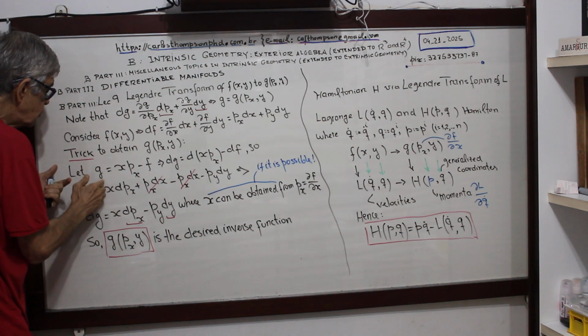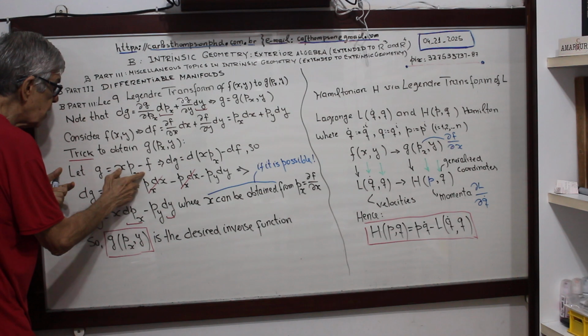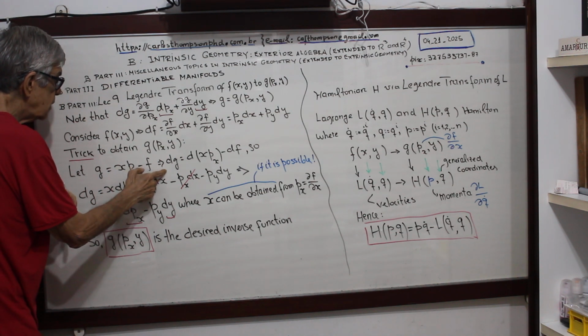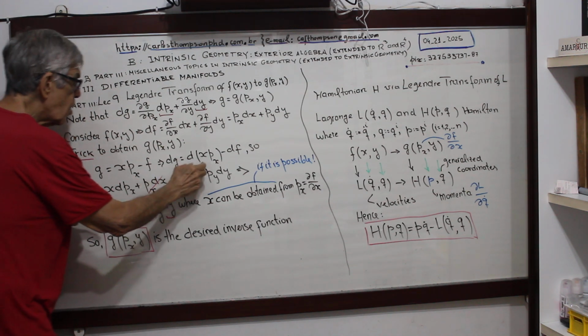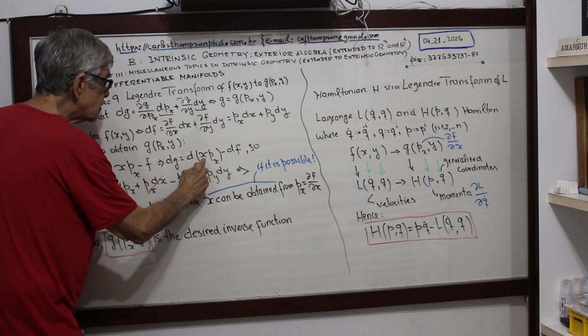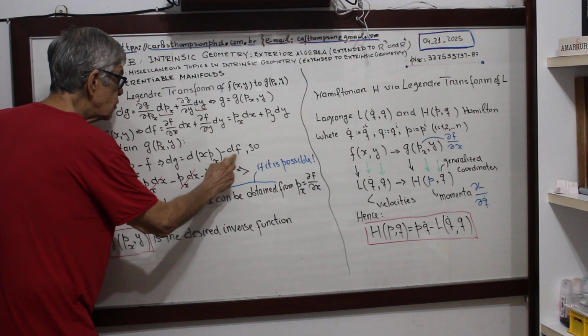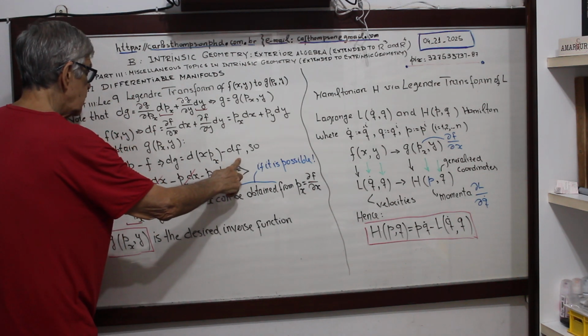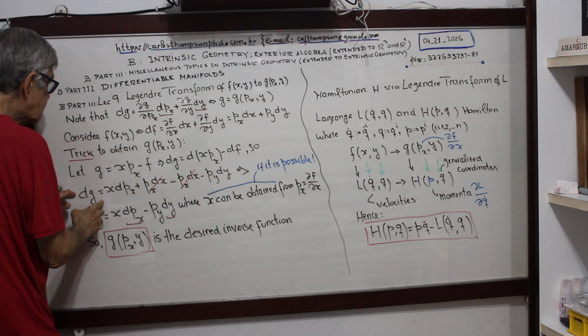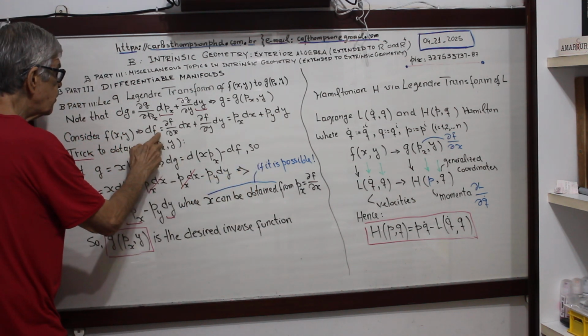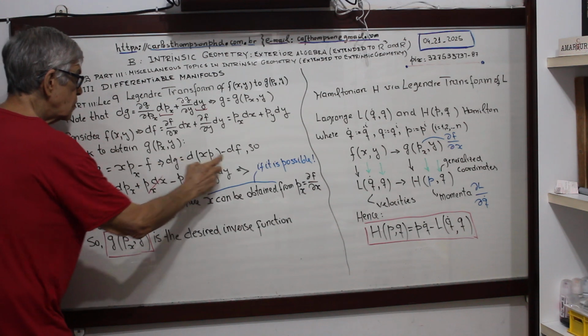I plug in g is equal to x px minus f. This implies that the differential of g is the differential of this product, x and px, minus df. So I substitute df here.